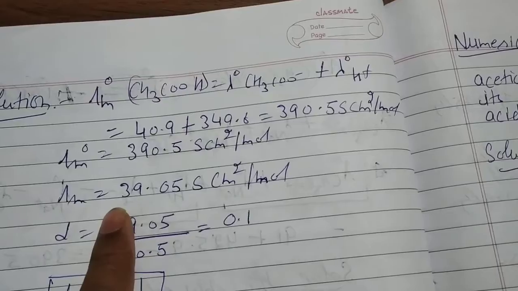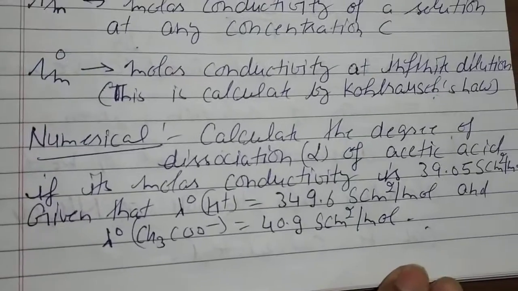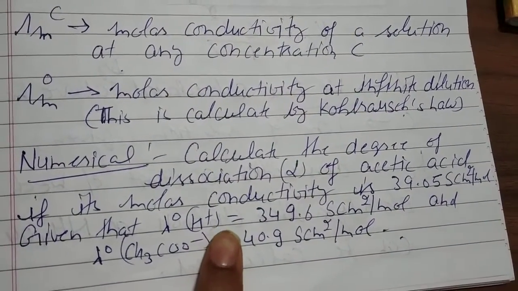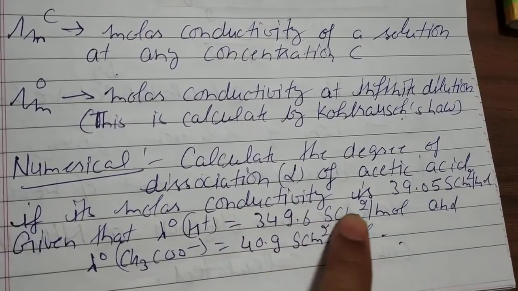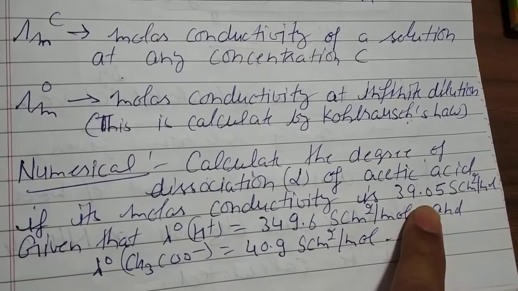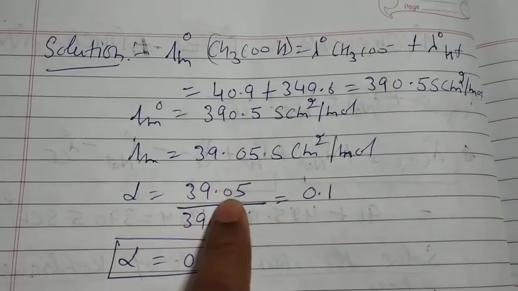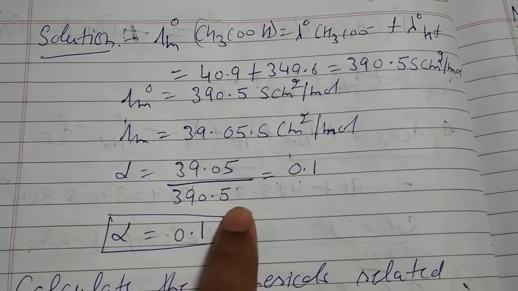And the molar conductivity at any concentration is given. Calculate the degree of dissociation of acetic acid if its molar conductivity is 39.05. So its molar conductivity at any concentration is 39.05. So 39.05 will come on the upper side, and 390.5 will come on the downside.